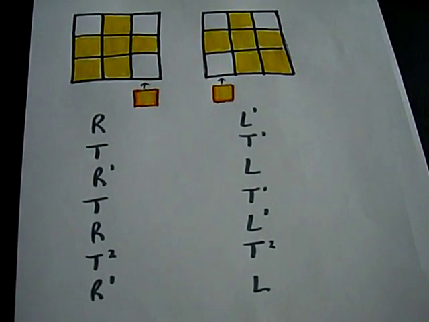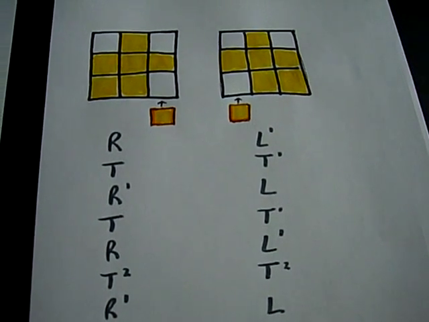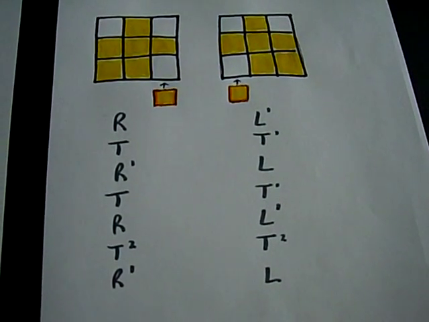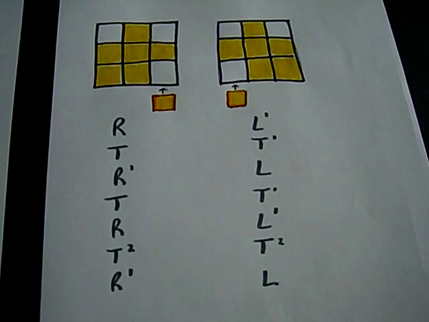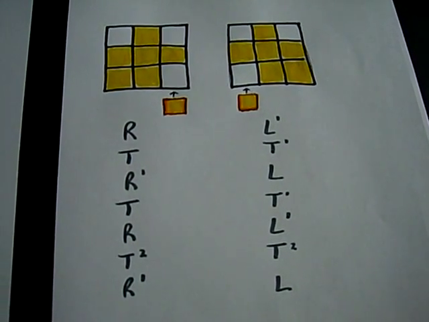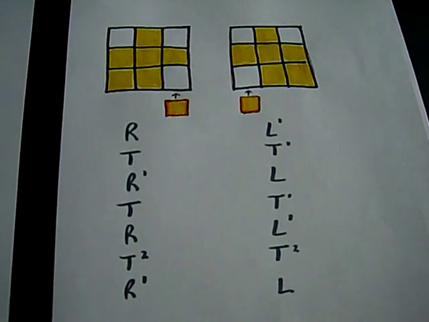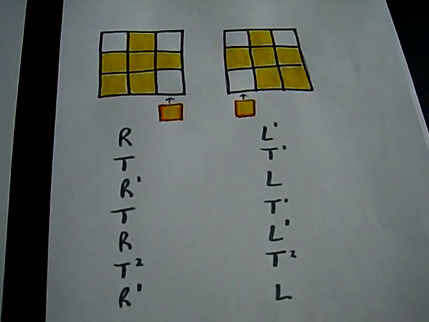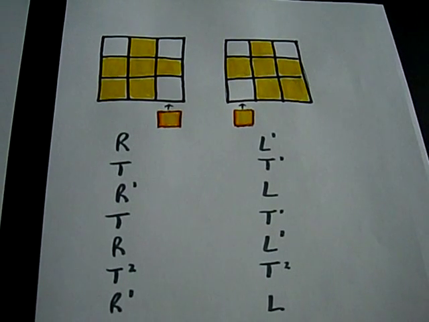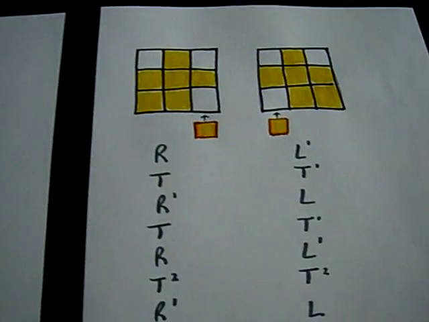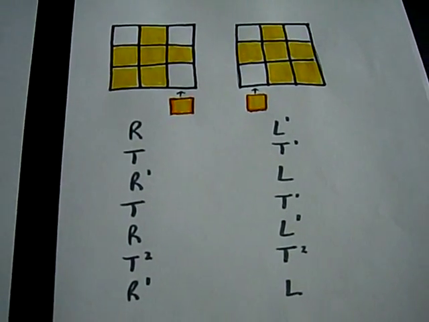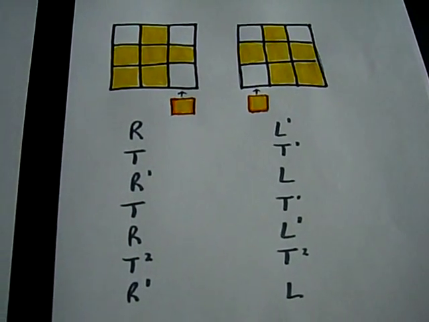And if that's the case, you would do right, top, right inverted, top, right, top twice, and right inverted, which you may recognize. That's the same algorithm that you learned that I just showed you when you had the yellow cross. So there's really only 2 algorithms, and then they're mirror opposites of each other.